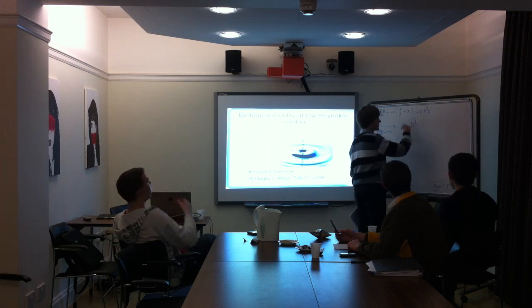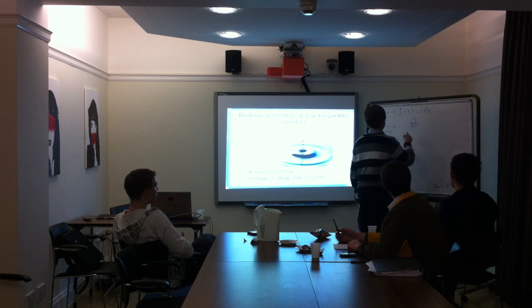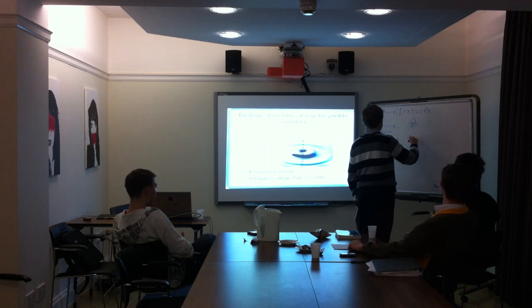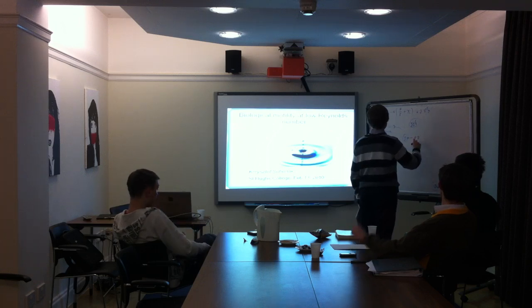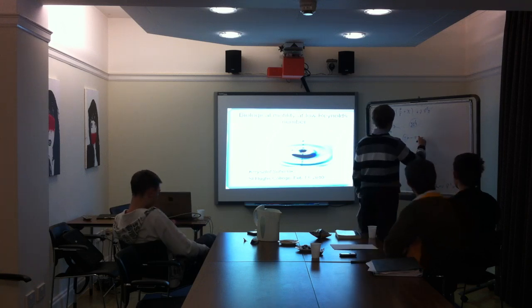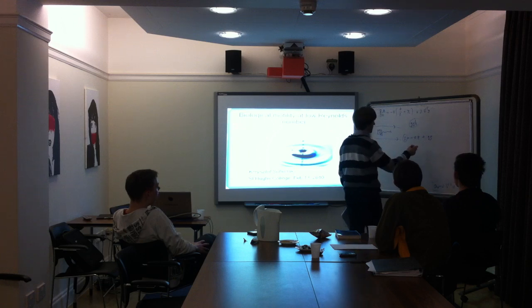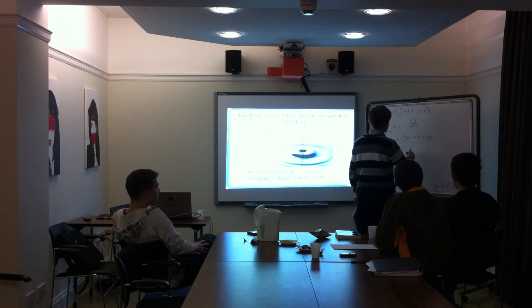Rho g h you recognize as the buoyancy, and I had here that du dt equals minus grad of p, and it was multiplied by that, plus g rho, but then I divided by rho, so I got just g.